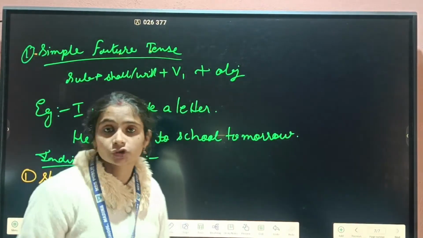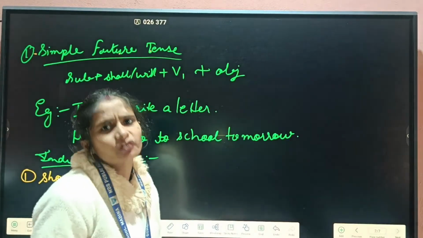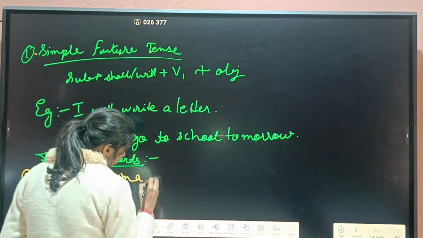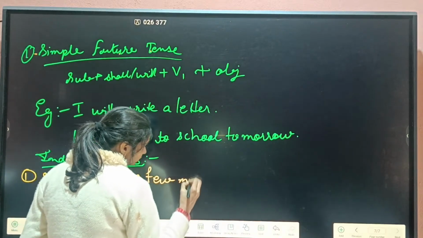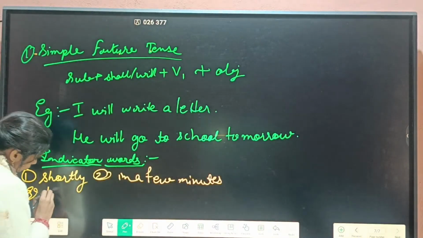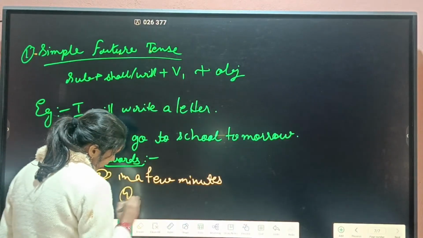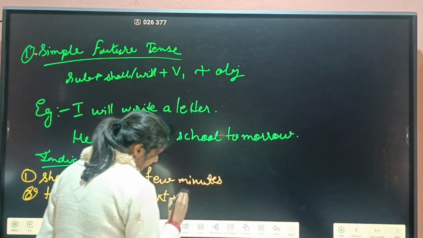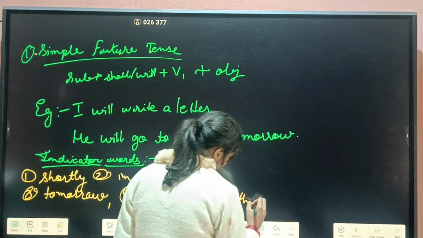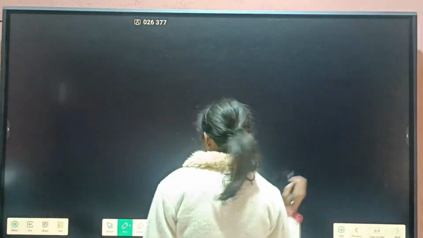I will do this work shortly, like very soon, just wait a few minutes or a few hours, then I will do this work. Shortly, in a few minutes, or next month, tomorrow, next week, next month or year. These are some indicator words by which you can identify the simple future tense.